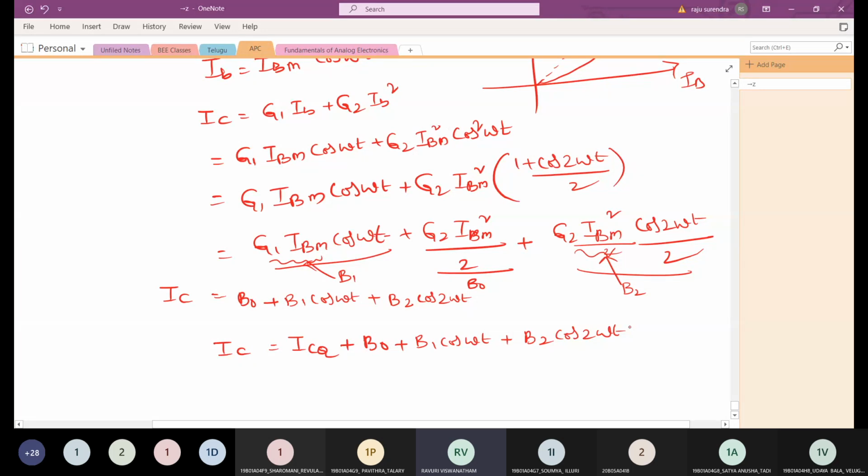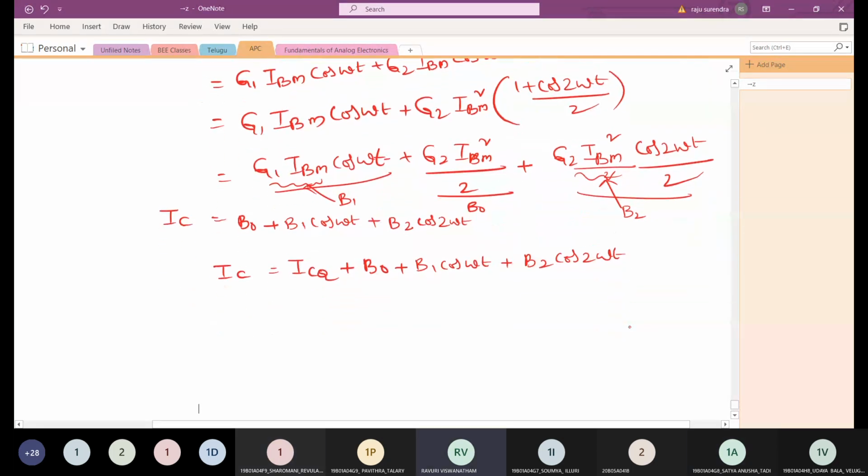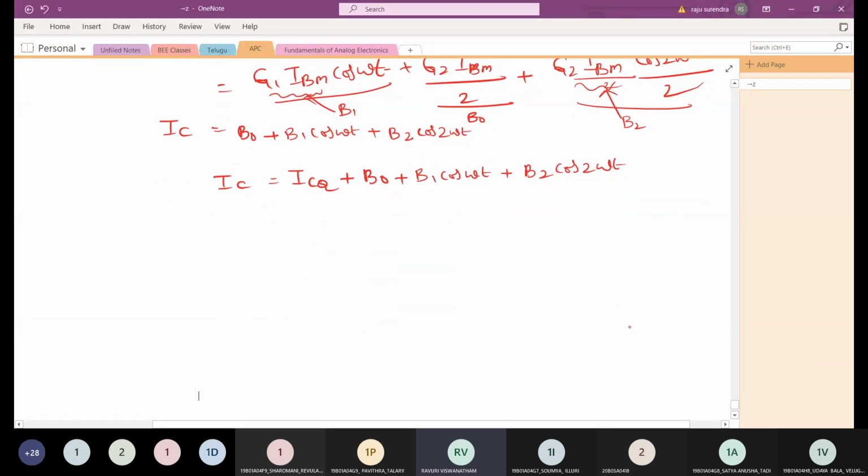So here we are expressing the total current in terms of DC bias value, fundamental component and second harmonic component. All of you understood? Yes, sir.